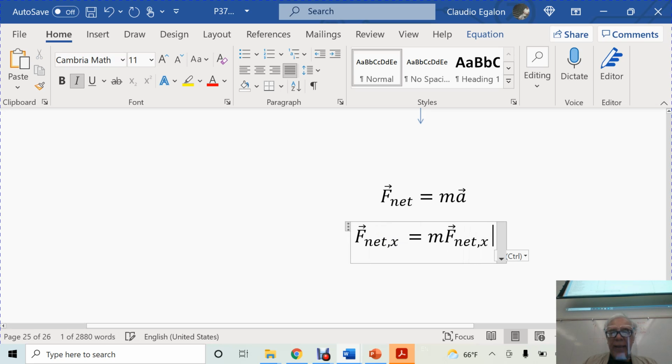But because I'm taking the components now, I don't need to use the vector symbol anymore. It can be a scalar. It's two-dimensional motion, so I don't have to worry about the z component.